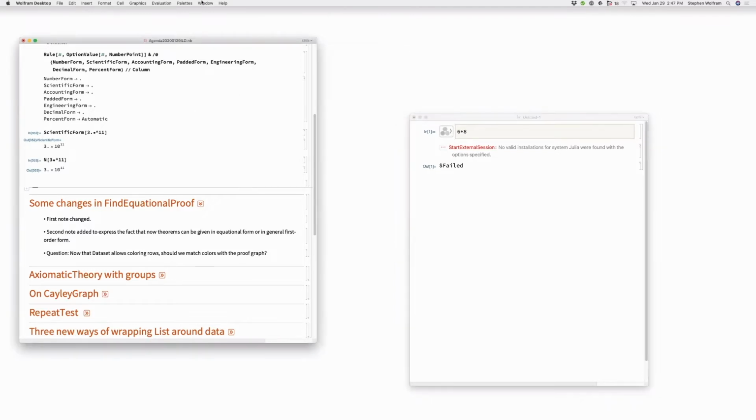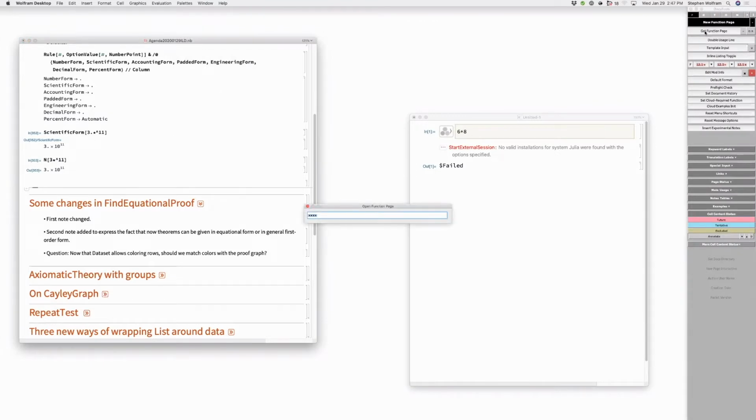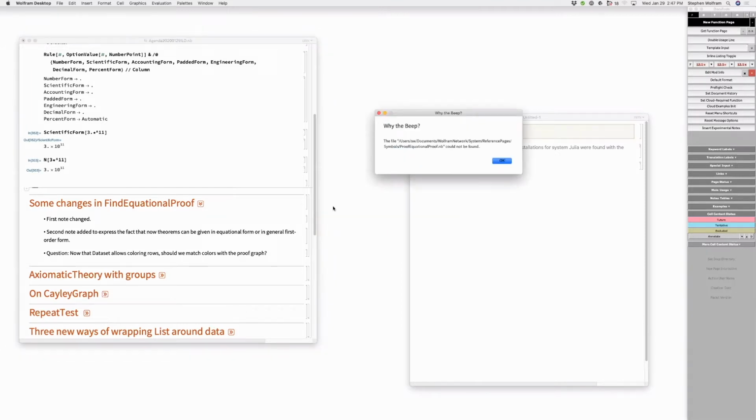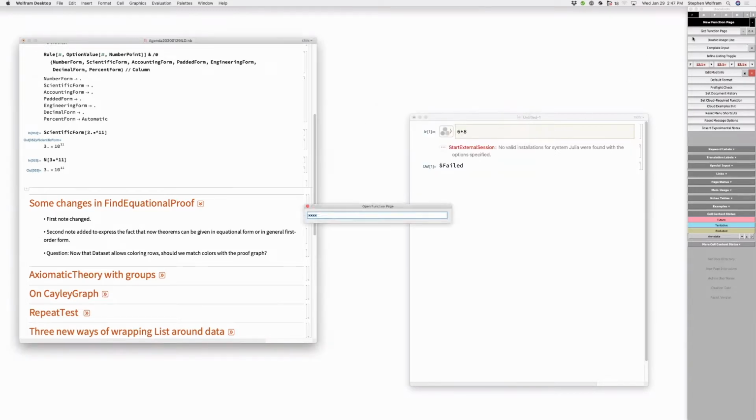Okay, FindEquationalProof. So the first node was changed, and we kept the original so that you can compare. Excluded is the original, and now we have the new one there.